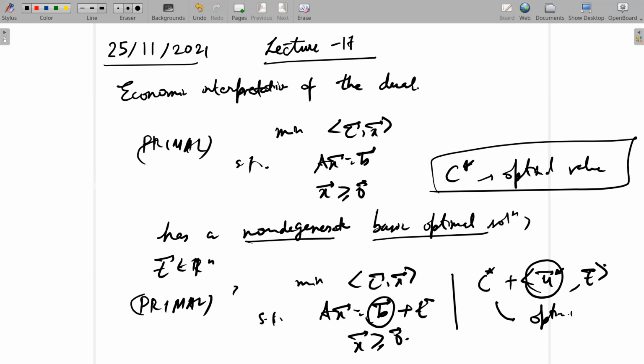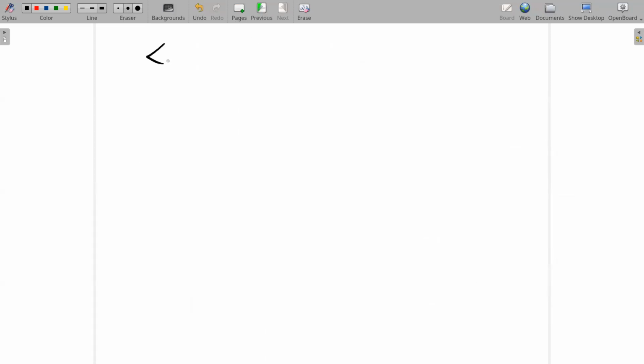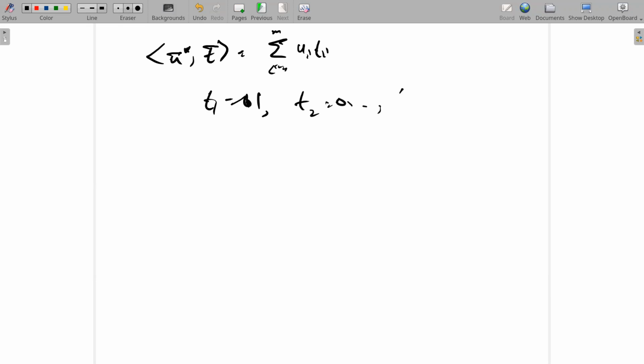So you pick that particular one, and you know how the profit is perturbed by this increase in resources. If we write this out, the u star dot t term is nothing but the summation from i equals 1 to m of u_i t_i. Effectively, let's say I keep everything constant except I change t1 equal to 1 and t2 is 0, all the way up to tm is 0.